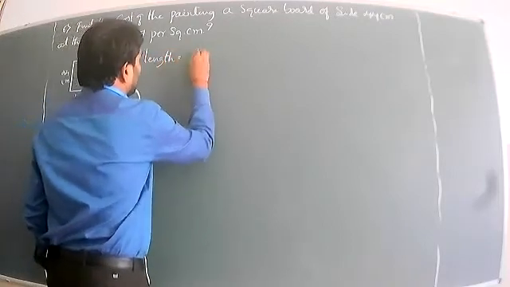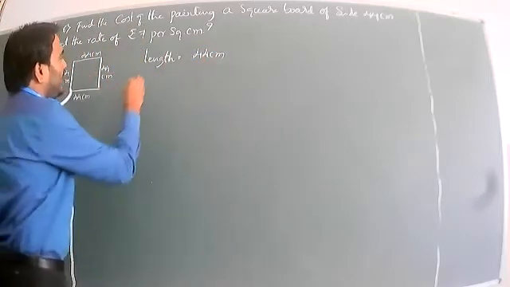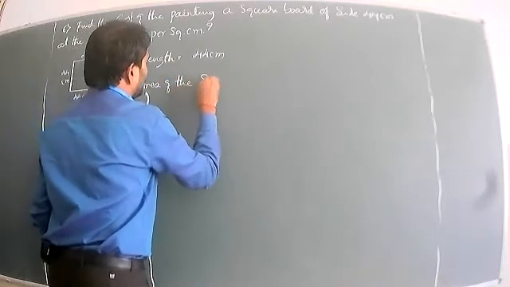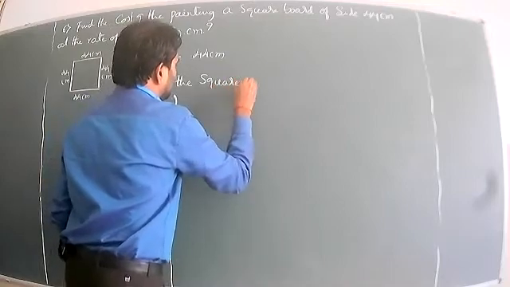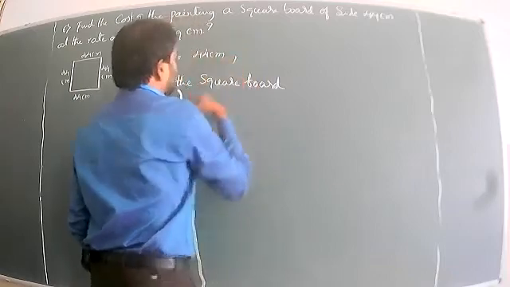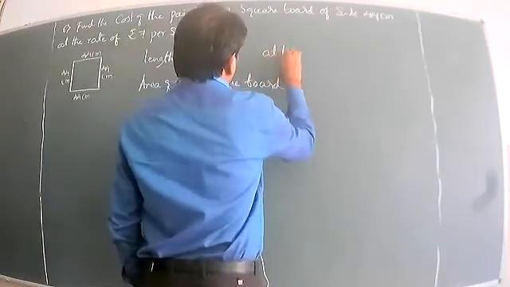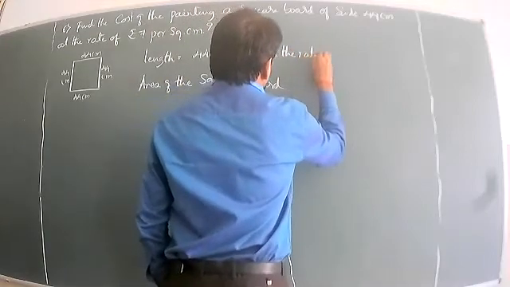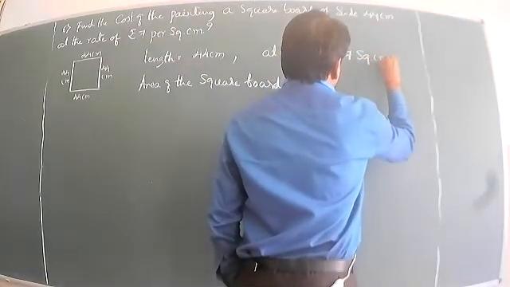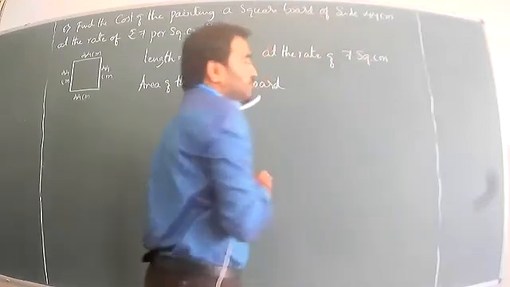Length is given, 44 centimeter. Now the area of the square board, and at the rate of 7 rupees per square centimeter.